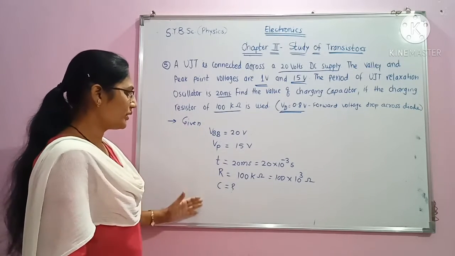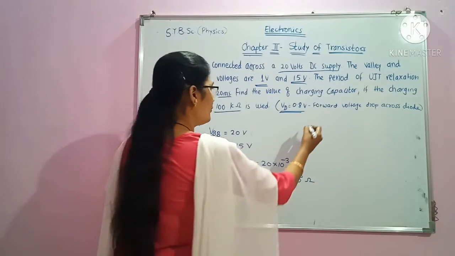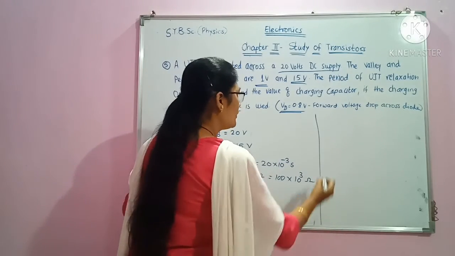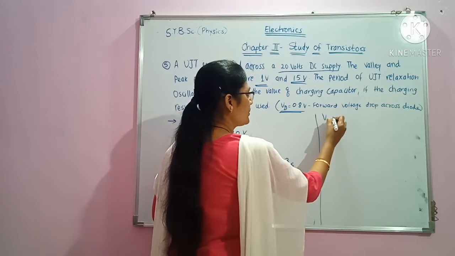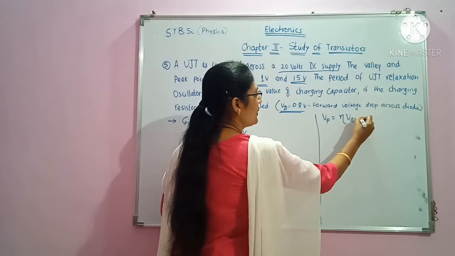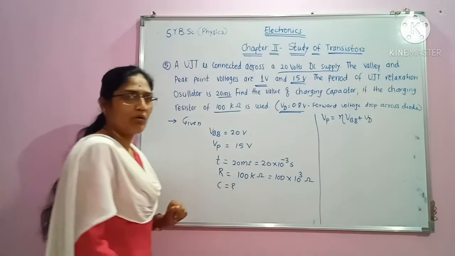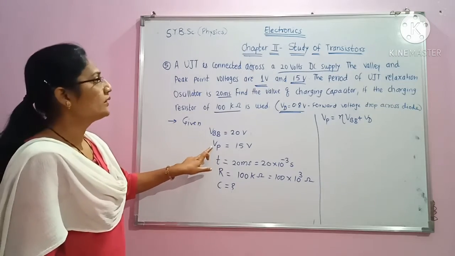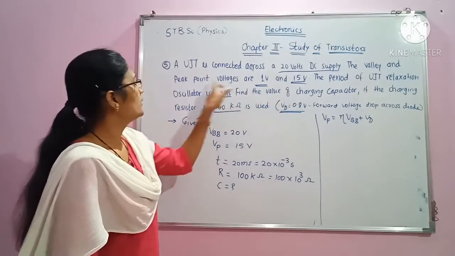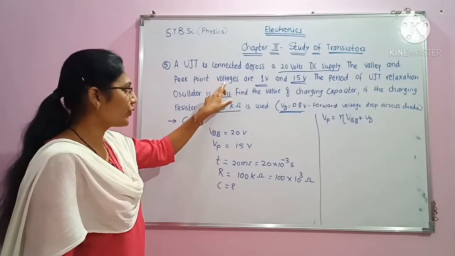Initially we will see that Vp is equal to eta VBB plus Vd. This is the formula of peak point voltage.